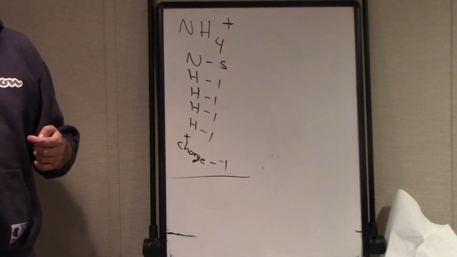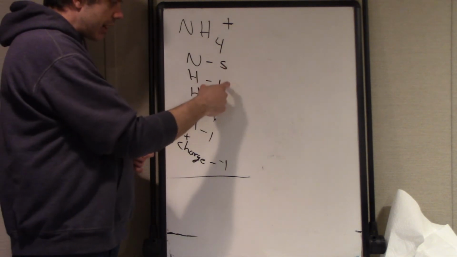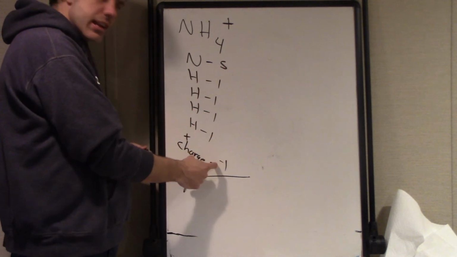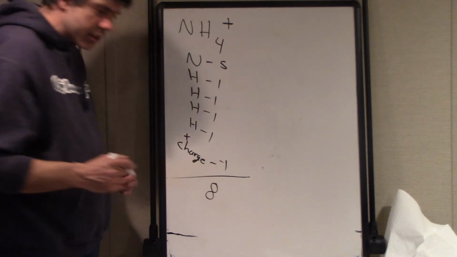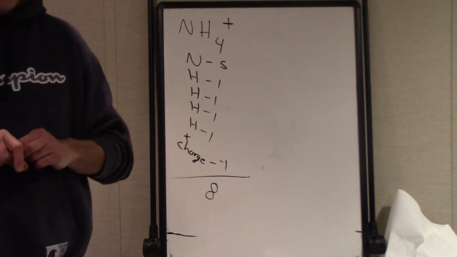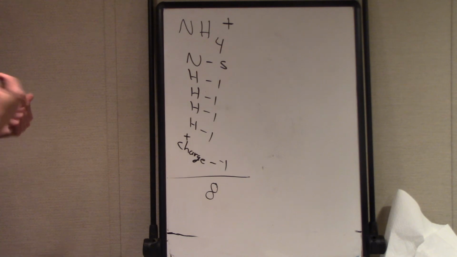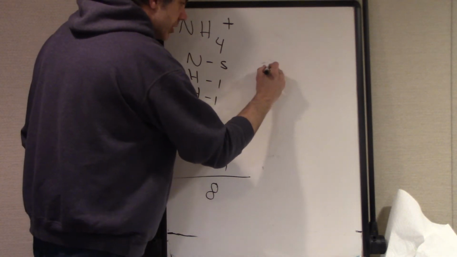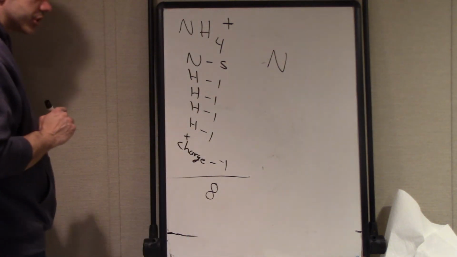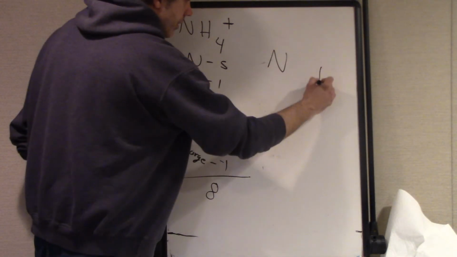I lost an electron in this mix. 5, 6, 7, 8, 9 minus 1 means I'm going to deal with 8 total electrons. Just like before, determine the central atom. Usually it's the first one listed. This is no exception. Nitrogen is going to be that central atom.